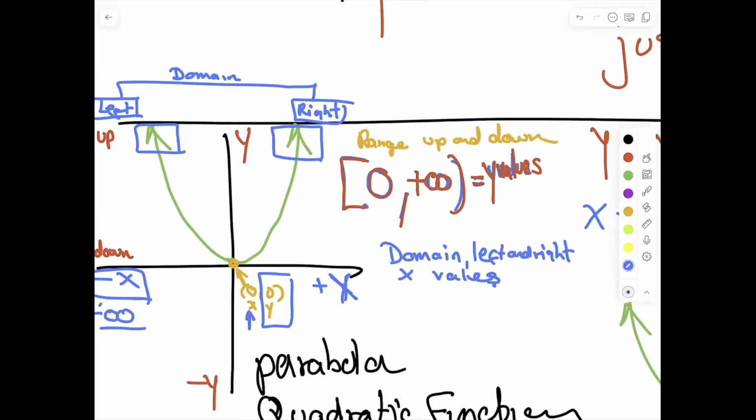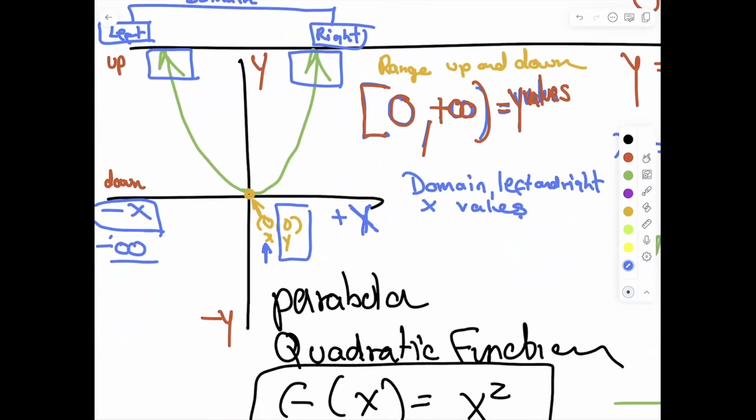So now my domain here is what? Negative infinity. Remember, domain is values of x. And where am I going? Positive infinity. Why do we write them in parentheses and not brackets? I said it earlier.